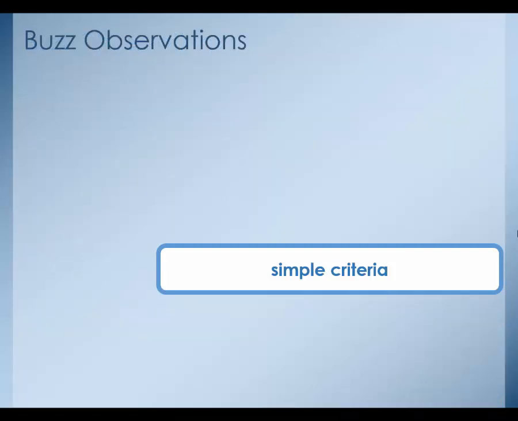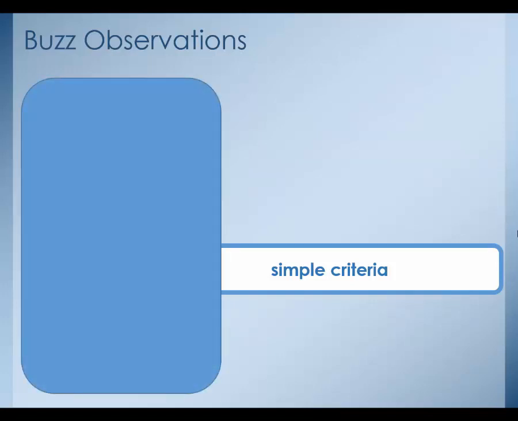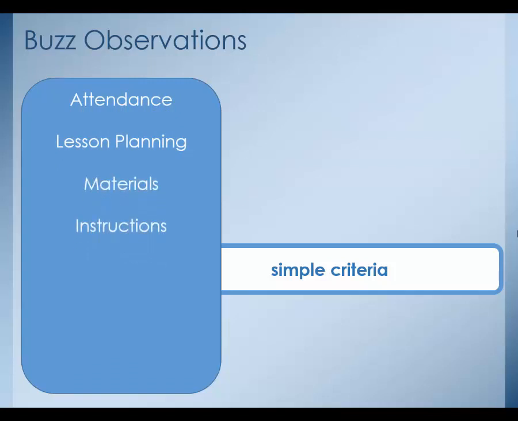Focusing on the criteria, keep in mind that they are based on what any professional teacher would naturally do as part of his or her daily teaching routine, which include the following: attendance, lesson planning, materials, instructions, classroom management, education technology, and dress code.